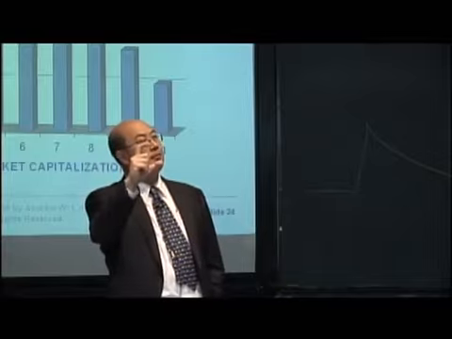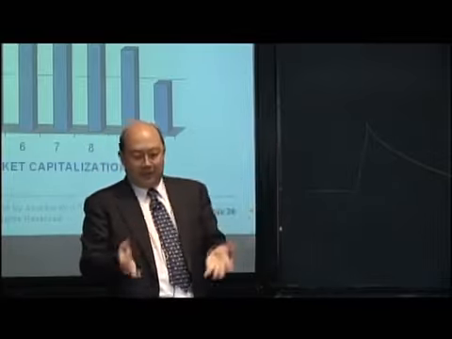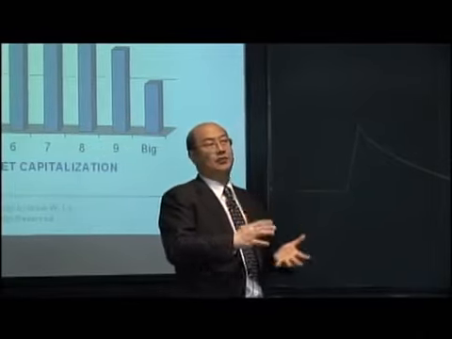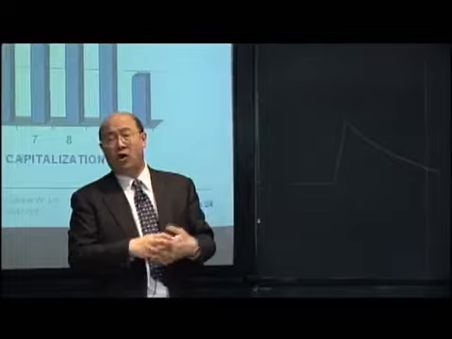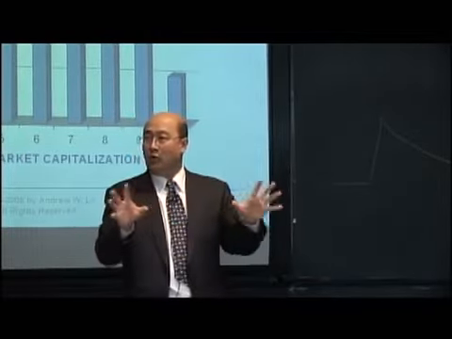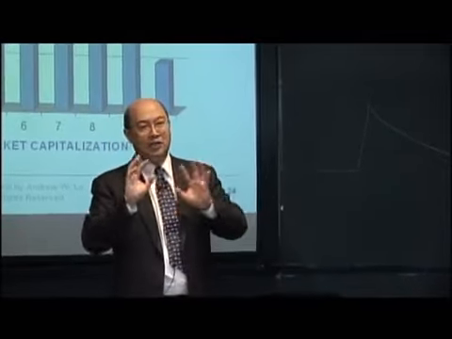That's the gap between small stocks and large stocks, okay? This is known as the size effect or the size premium. Small stocks seem to do better than large stocks. Now, there are lots of stories you could tell about why. I'm not going to tell those stories, but I just want you to see the data.